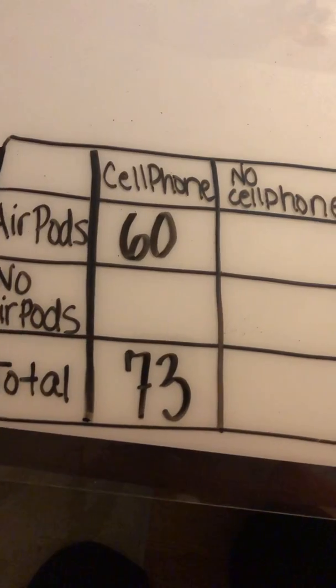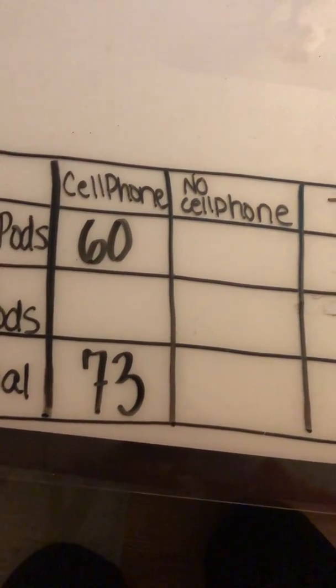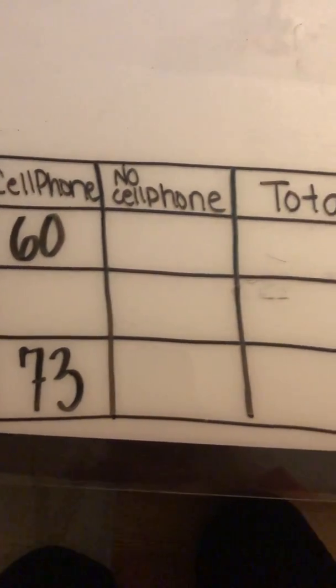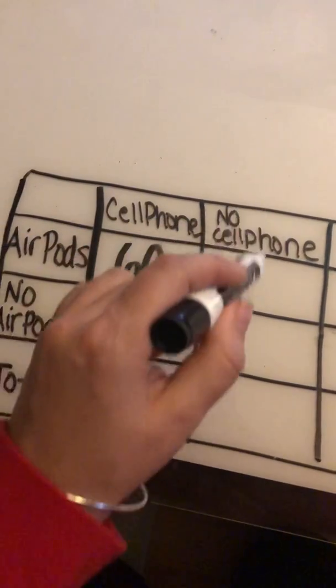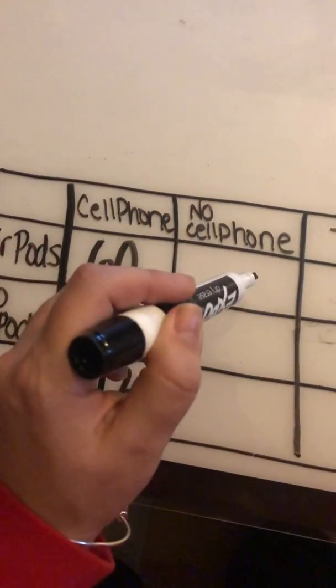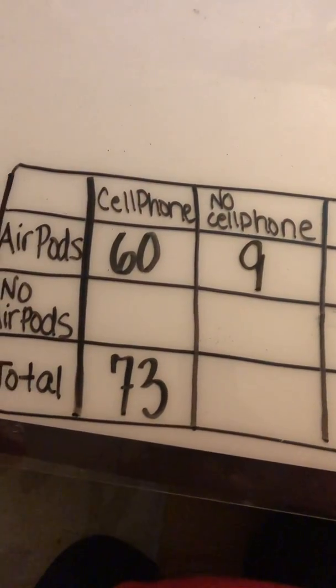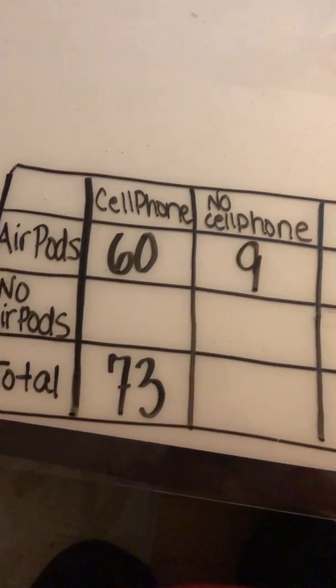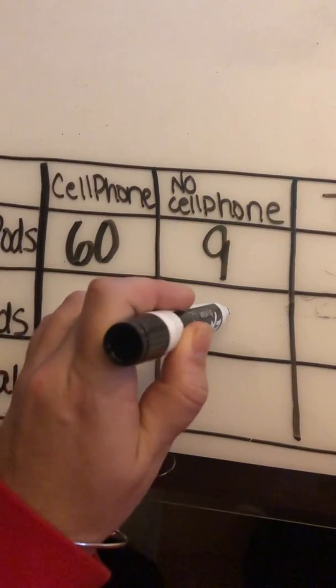Then it tells us that there are 9 students that do not own a cell phone but do own AirPods. So let's see. No cell phone, but have AirPods. So that's going to be right here. That's 9. And then they say 8 students do not own either. So we would want no cell phone, no AirPods. So we're going to put that here.